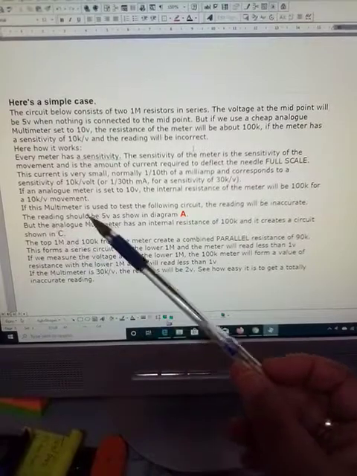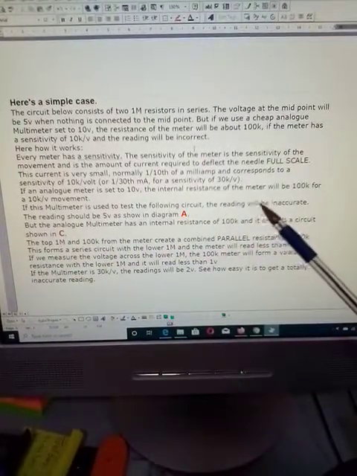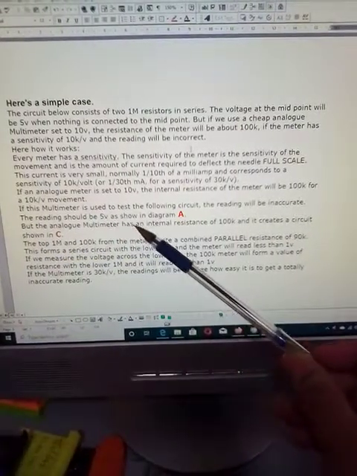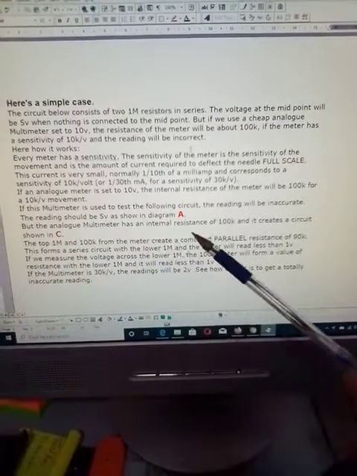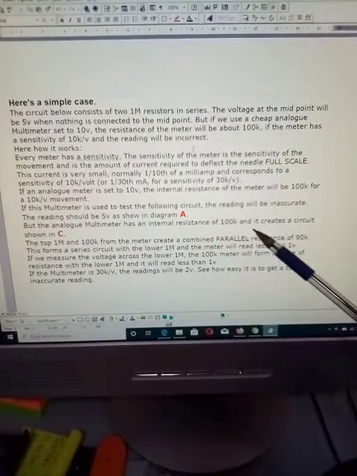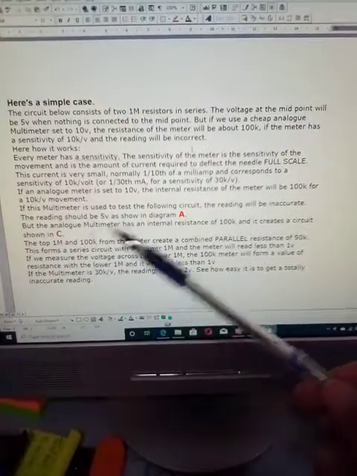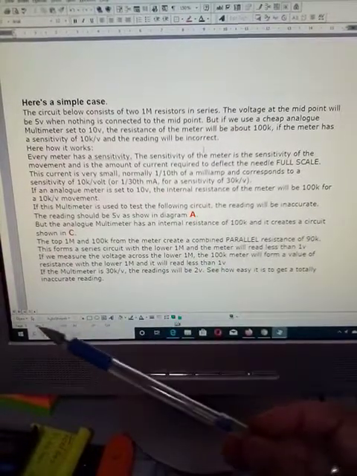If this multimeter is used to test the following circuit, the reading will be inaccurate. The reading should be 5 volts as shown in diagram A, but the analog multimeter has an internal resistance of 100 kilo ohms and it creates the circuit shown in C. Now you will need to come back to this yourself so that you can see what I'm talking about as I move forward.